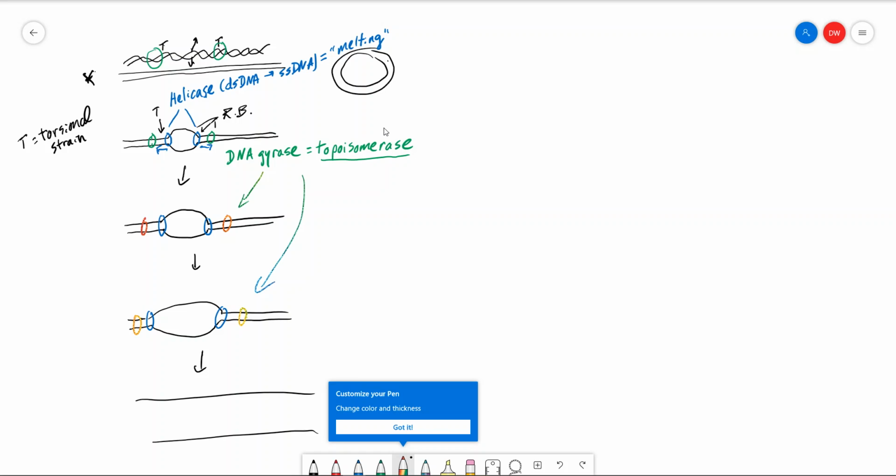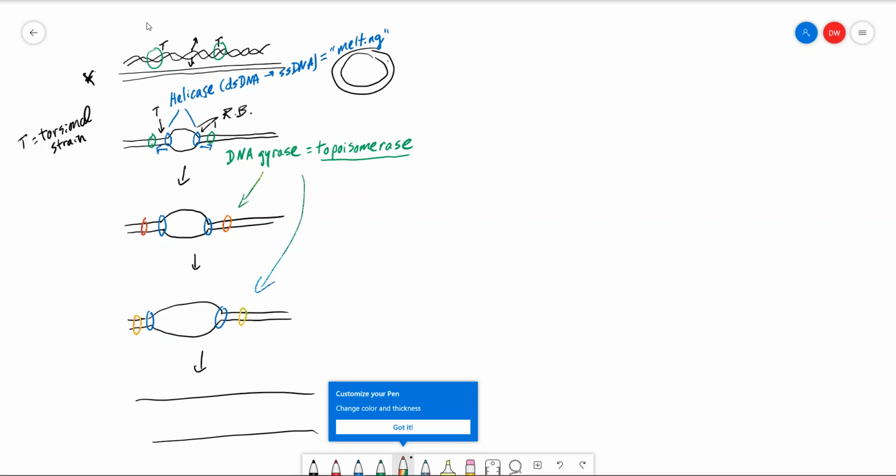That's why we call it an isomerase, because it does a chemical reaction, but then it undoes that chemical reaction. So by the time the DNA gyrase is done, chemically the DNA has not been altered. However, what has been changed is that torsional strain has been released. In other words, the topological features of DNA have been changed.